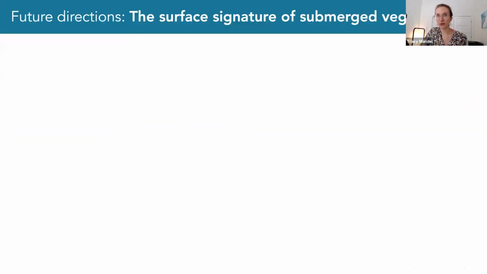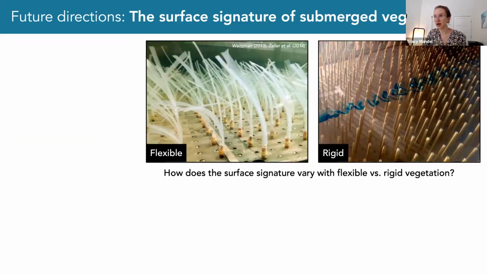So I'll briefly talk about some of the future directions I'm hoping to take this. Perhaps the most obvious question, maybe a question that all of you have, is how does this surface signature vary with flexible versus rigid vegetation?